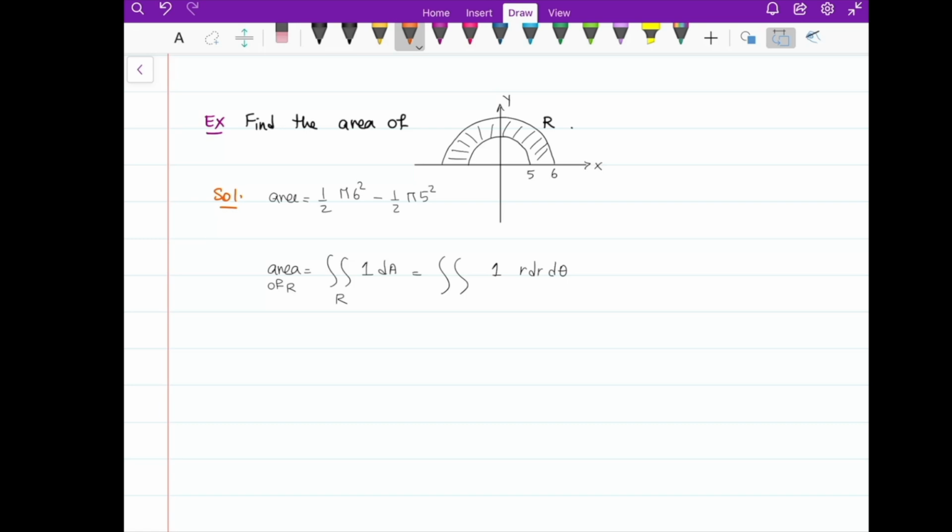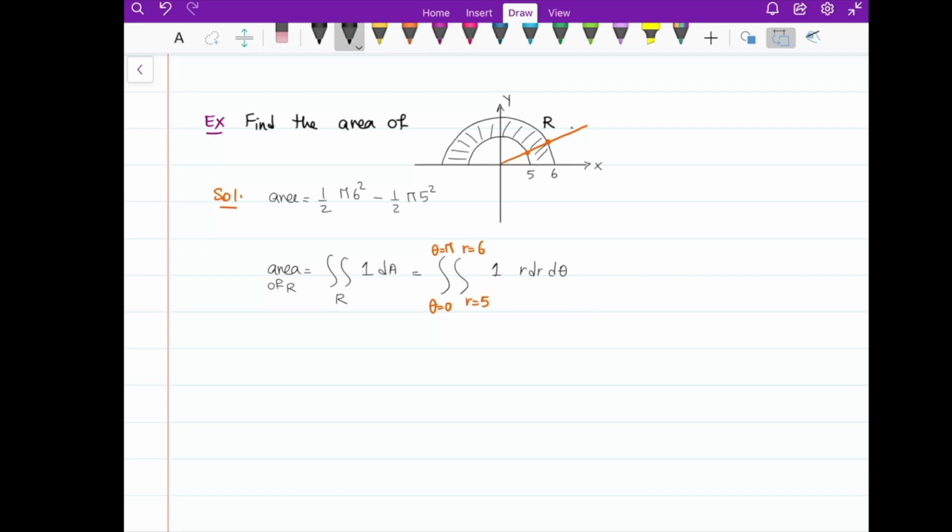Now find the bounds for r. I'm going to graph a ray. This is the first point to hit the region, so it would be r equals 5. This is the second point to hit the region, r equals 6. And then theta would be from 0 up to pi.